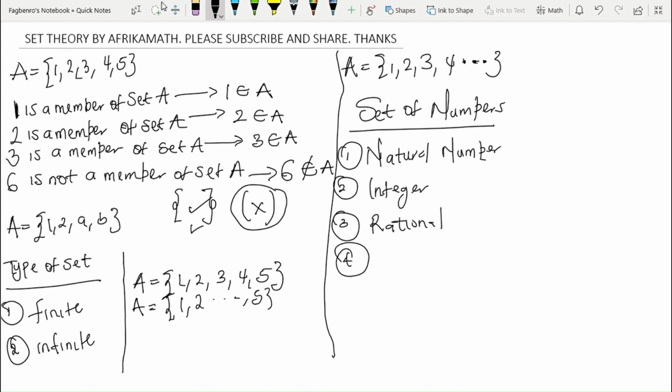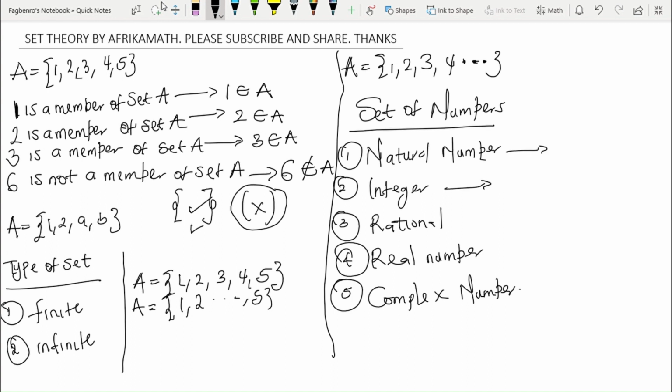Number 4, we have what is called real number. Number 5, we have what is called complex number. Let me just give the meaning of all this before we move on to ways of writing sets.